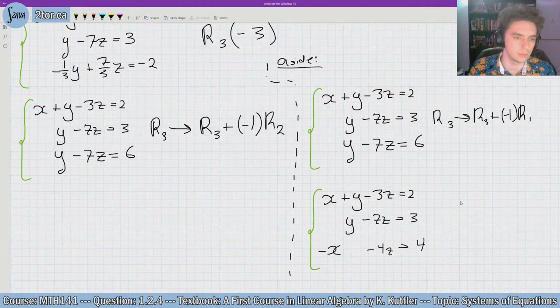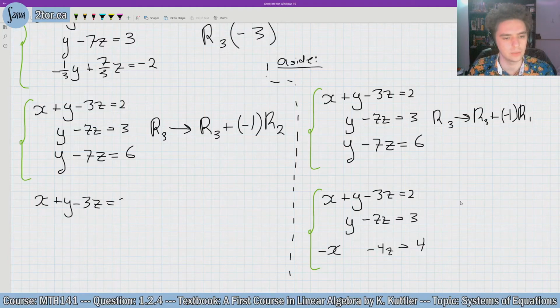Let's see what does work. Our first 2 equations are going to be the same: x plus y minus 3z equals 2, y minus 7z equals 3. And finally, our third equation is what's changing. Well, 0x minus 0x, that doesn't change. Y minus y is 0y.